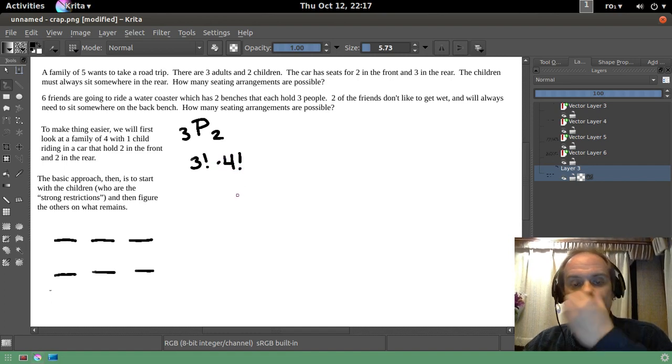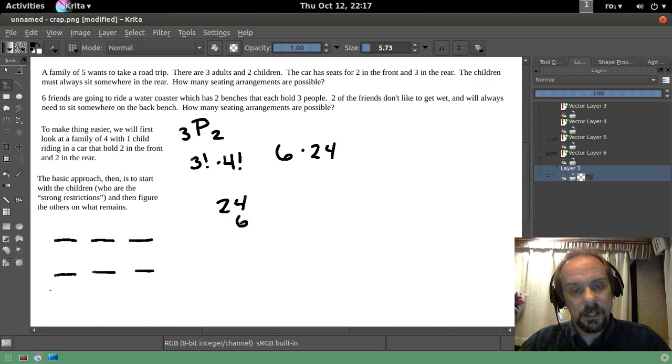And then once you get your calculator out at this point, 3 factorial is 6, and then 4 times 3 is 12, times 2 is 24. So we get 24, and then 24 by 6.